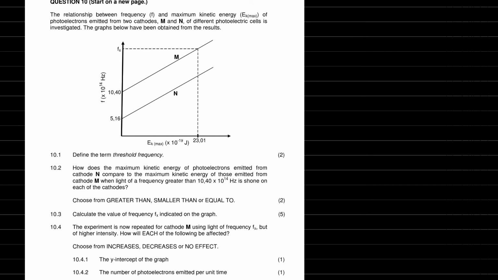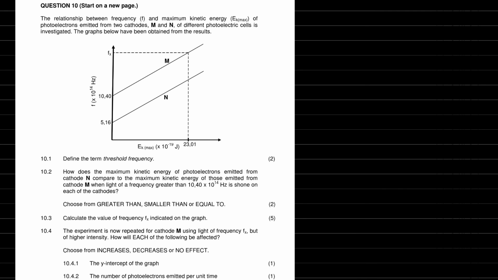And our 10.2 is, how does the maximum kinetic energy of the photoelectrons emitted from cathode N compare to the maximum kinetic energy of those emitted from cathode M when light of frequency greater than 10.4 times 10 to the 14 hertz is shone on each of the cathodes. Choose from greater than, smaller than, or equal to. So we're looking greater than this number. Let's draw a line across and compare it at one point.